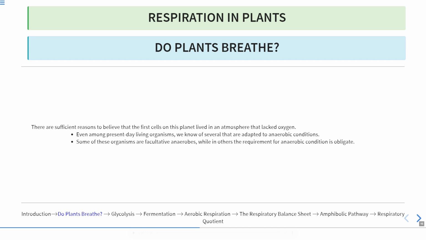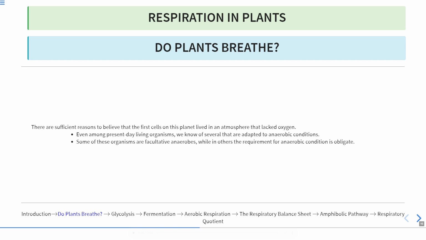So they are living in the anaerobic condition. Anaerobic condition means they are following the process of anaerobic respiration, that is respiration that does not require any oxygen. Some of these organisms are facultative anaerobes, while in others the requirement of anaerobic condition is obligate.